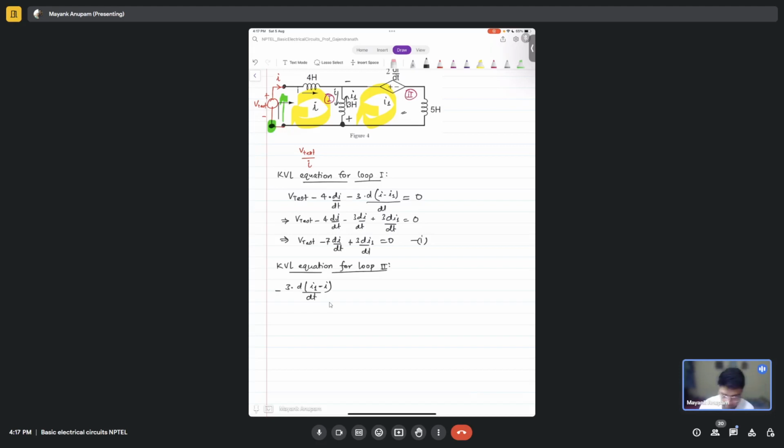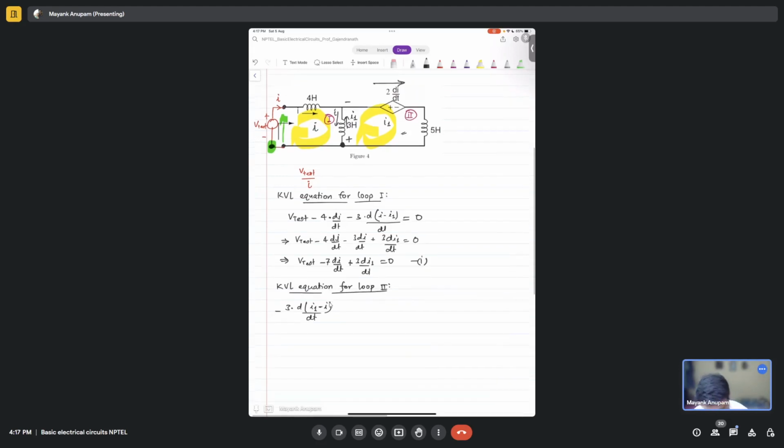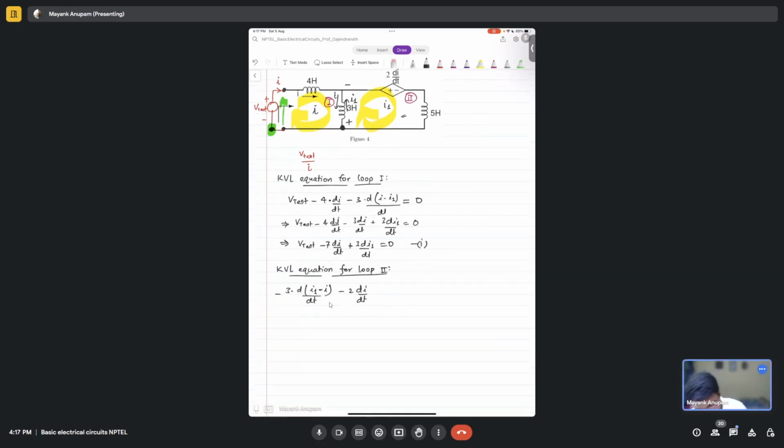Yes. Correct? Fine. Then after that, what is the voltage drop or increase going from here to here? Minus 2 di/dt, right? Yes. And what about this here?